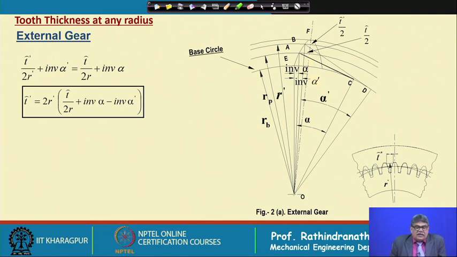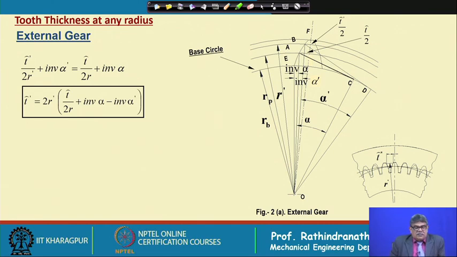at radius r dash the arc tooth thickness is equal to twice the radius r dash, whole into the arc tooth thickness at pitch circle divided by twice into pitch circle radius, plus involute of the standard pressure angle, minus involute of the pressure angle at the new point through which the radius r dash is drawn.